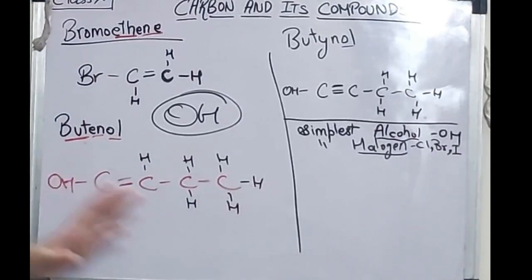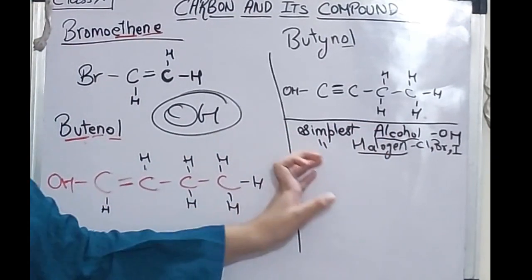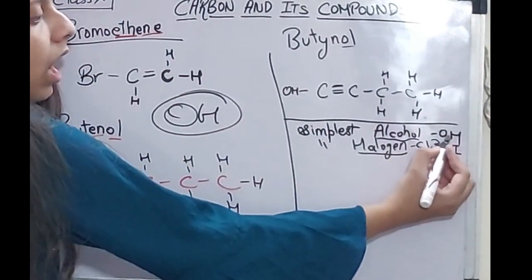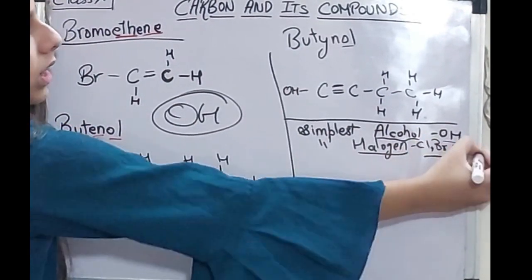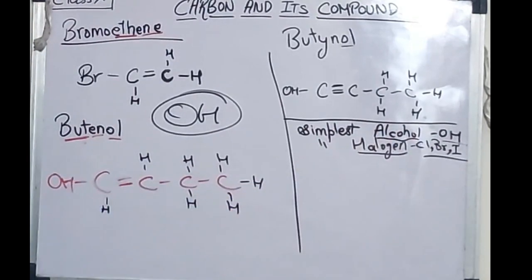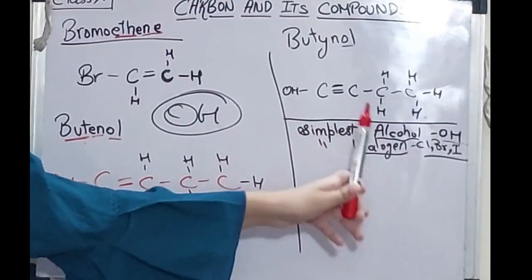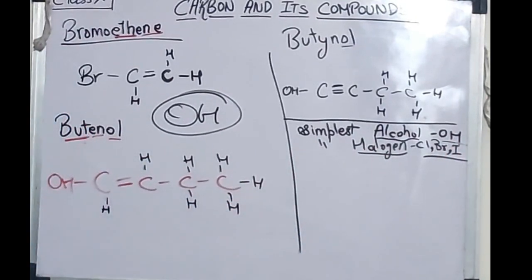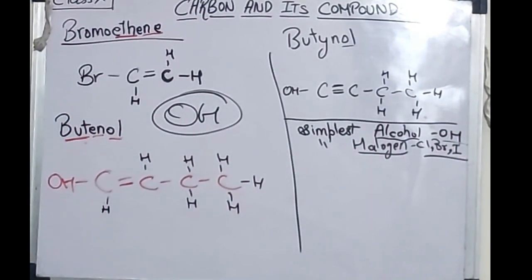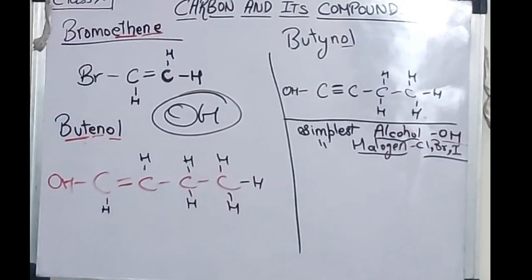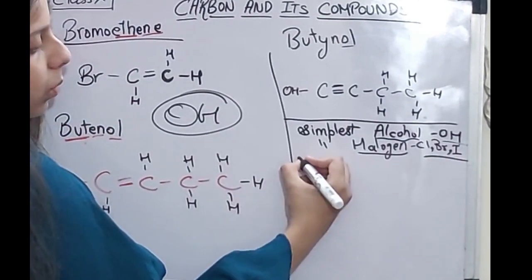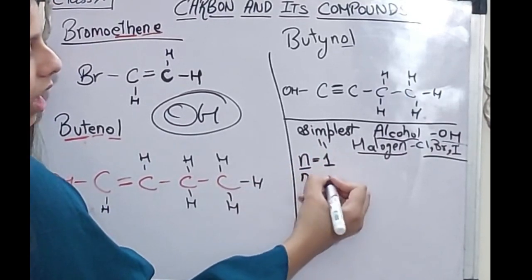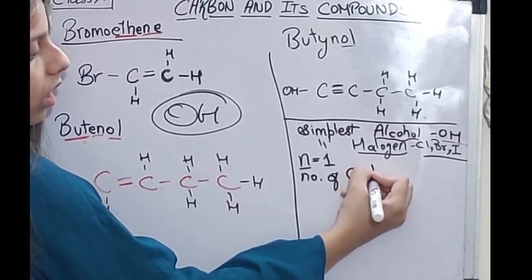So how will you draw the simplest alcohol and the simplest halogen? The answer is quite clear. Neither the OH nor the functional group of halogen has any carbon. So without the carbon, no functional group, nothing can be done. Okay, so obviously you will take the value of n as 1 here. n is the number of carbon.